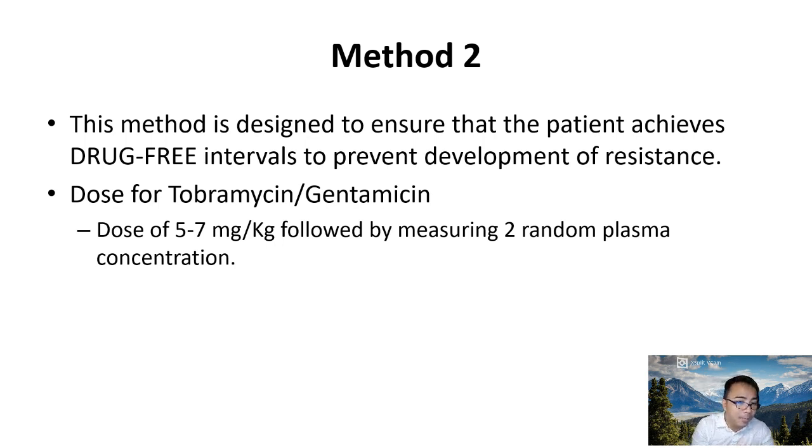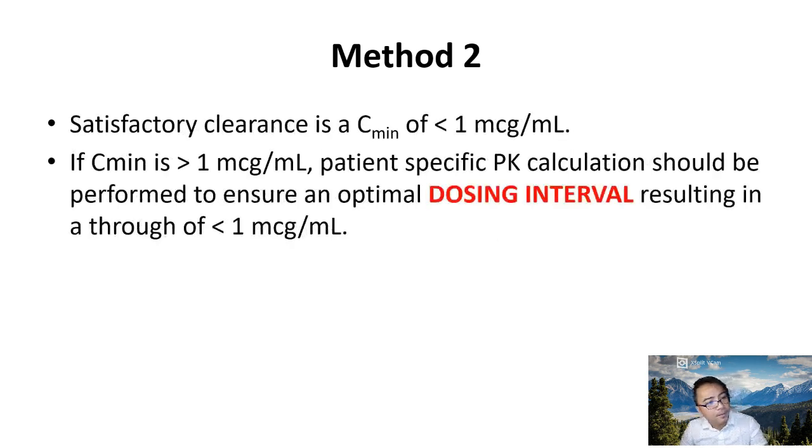So, the dose for tobramycin and gentamicin is 5.7 milligrams per kilogram, followed by measuring 2 random plasma concentrations. A satisfactory clearance is a C-mean of less than 1. If C-mean is more than 1, patient-specific PK calculation should be performed to ensure optimal dosing interval, resulting in a trough of less than 1 microgram per ml.